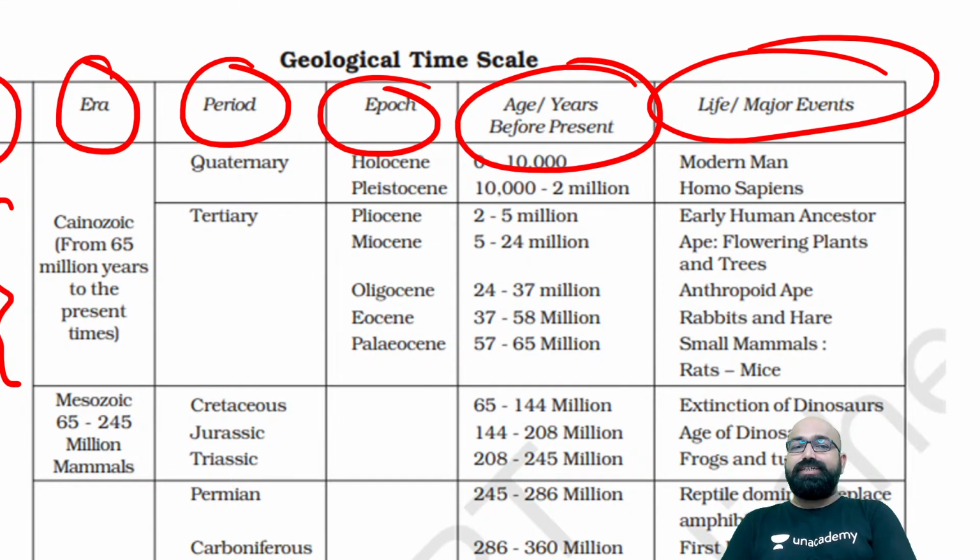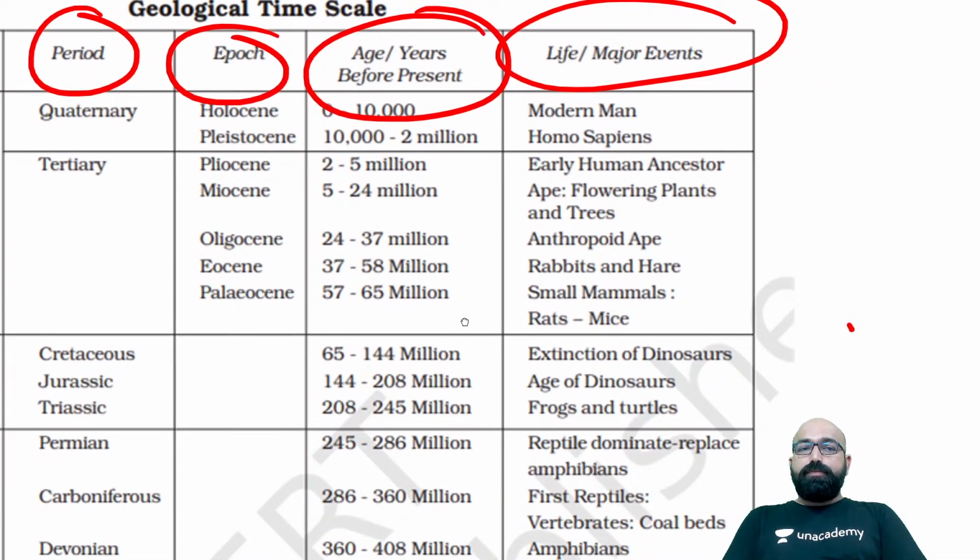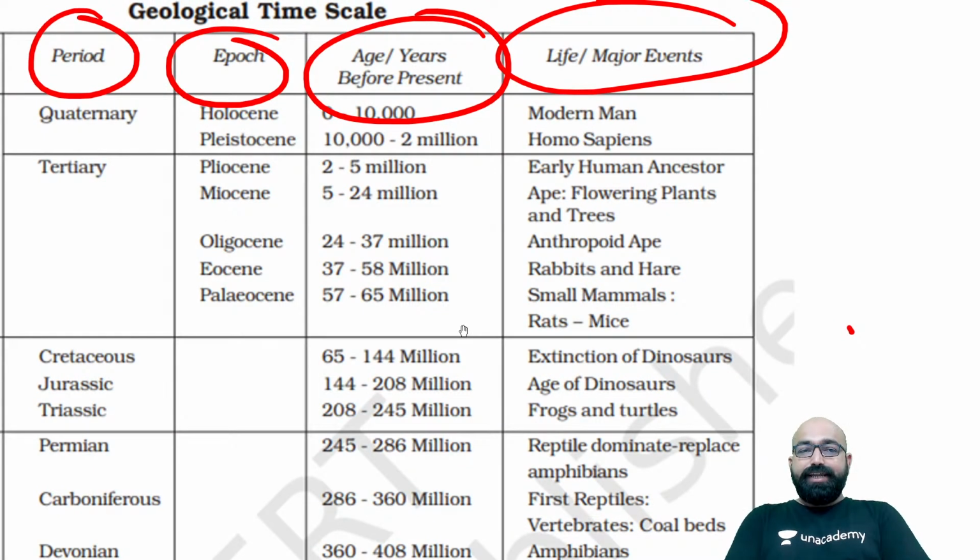So the major events in the tertiary period are small mammals, rats and mice, then anthropoid ape, rabbits and hare in Oligocene and Eocene epoch, then ape, flowering plants and trees in Miocene, and in Pliocene, early human ancestor.